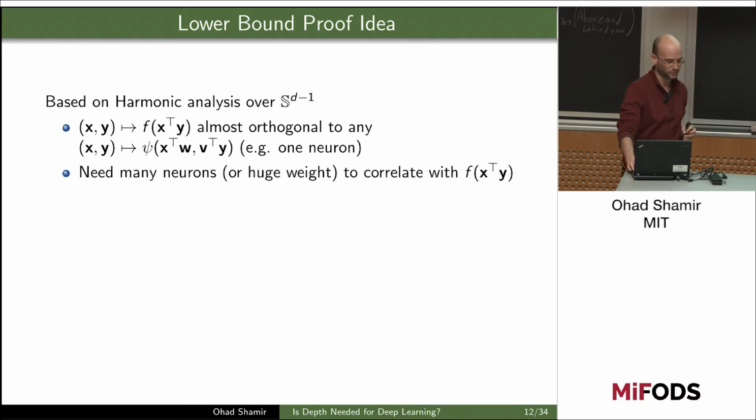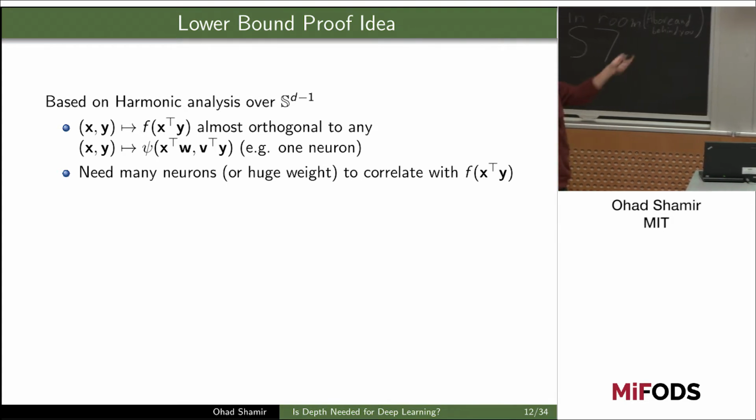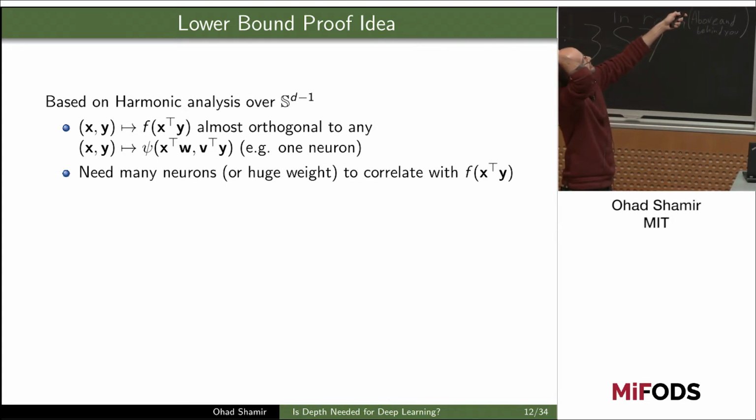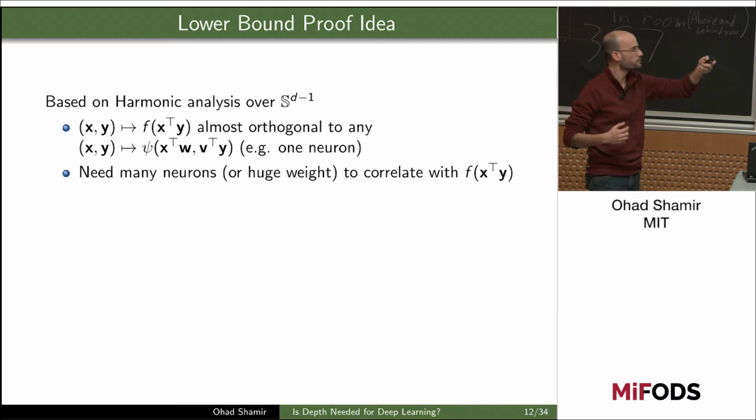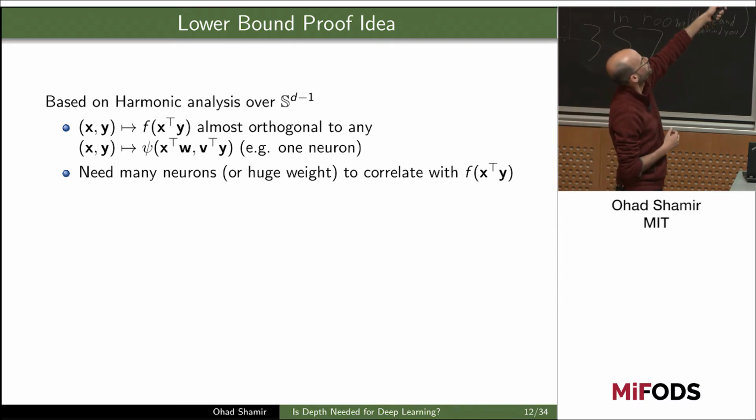So just to quickly go over the proof idea, it's based on some kind of harmonic analysis over the unit sphere. The idea is that if you look at this function that we defined, and you look at the function that a single neuron computes, which you can write in this form, then these functions are almost orthogonal to each other. The intuition is that a single neuron takes the input and always projects it in some fixed direction.